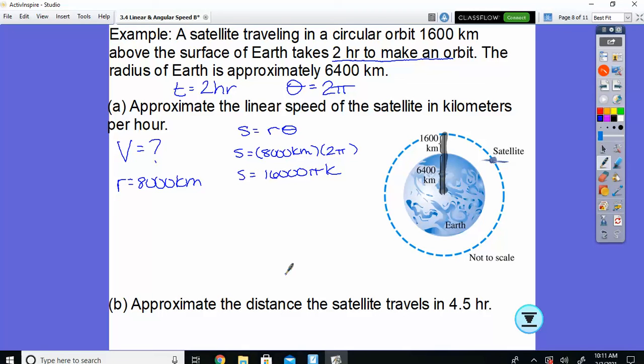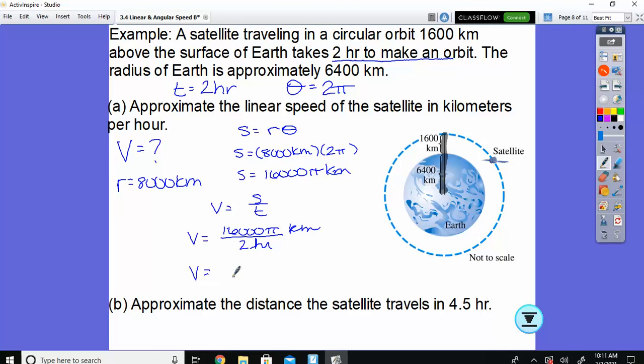So now I can do v equals s over t. S would be 16,000 pi kilometers. T is 2 hours.